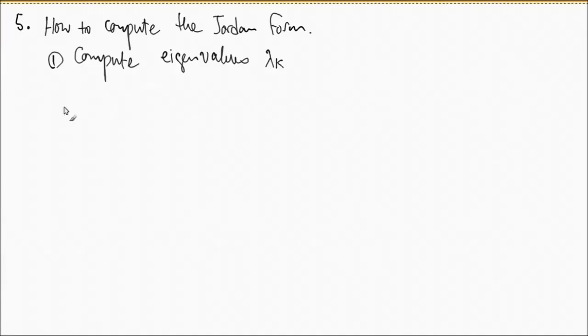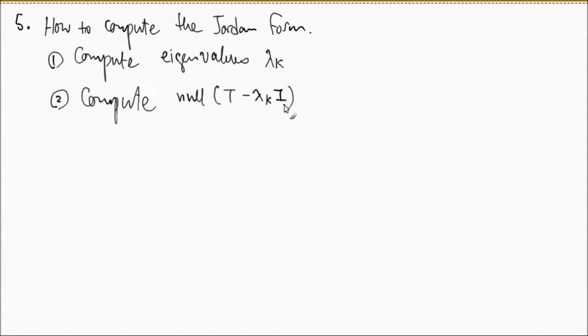The next part is that for each eigenvalue, compute, I already showed you the theoretical part, the null space of T minus lambda_k I. What would that compute if I just put it like this? T minus lambda_k I. That's the same as the eigenvectors, right?